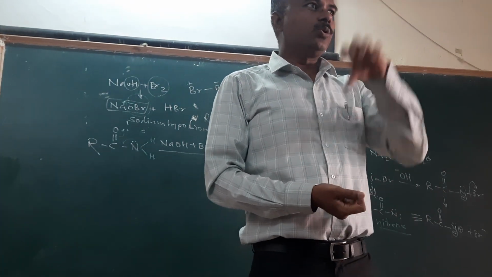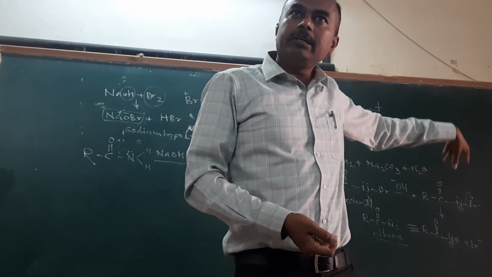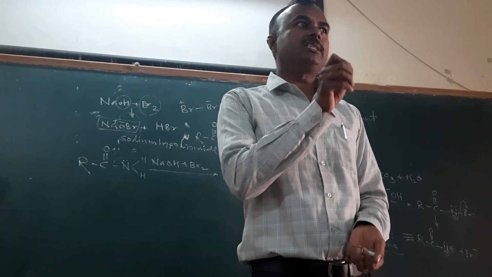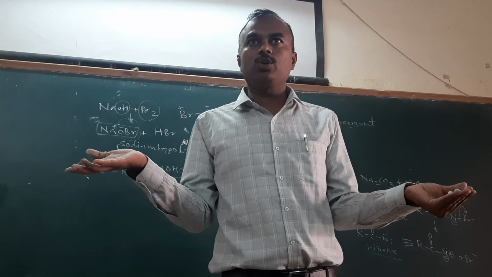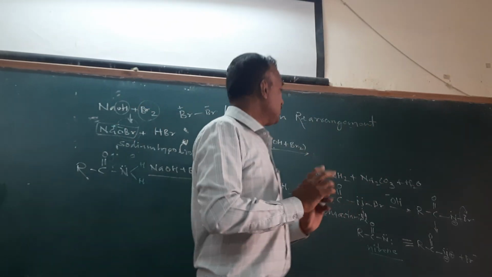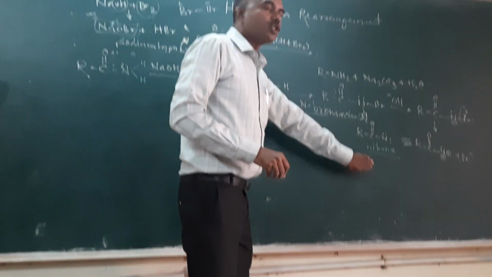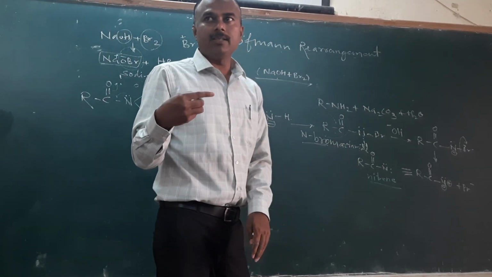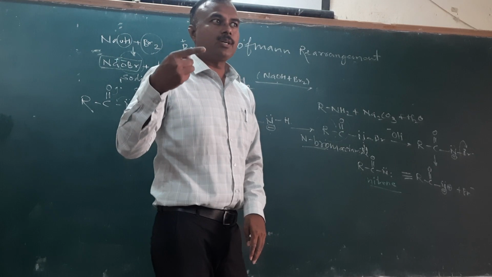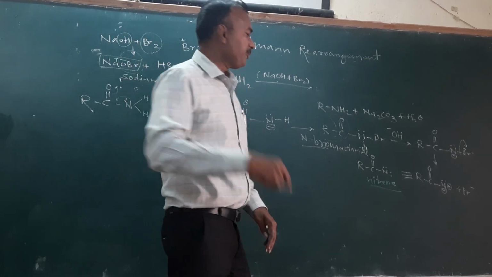Today we are looking at anionotropic rearrangement, the species which carries the negative charge. So that is the anionotropic rearrangement. Now this one is called the nitrene. Yesterday the carbon containing species we called a carbene.